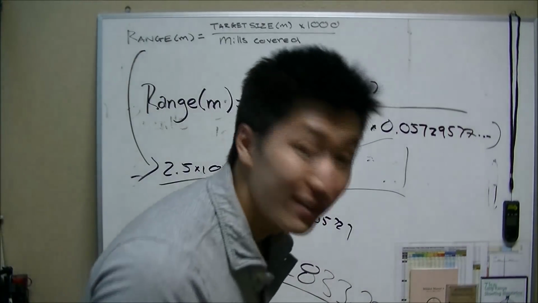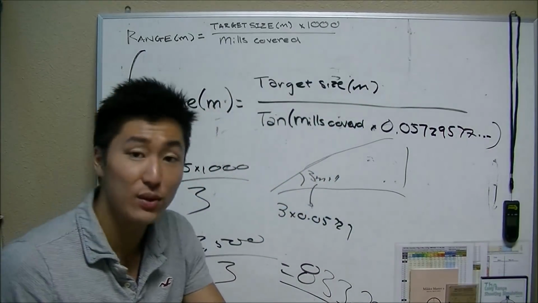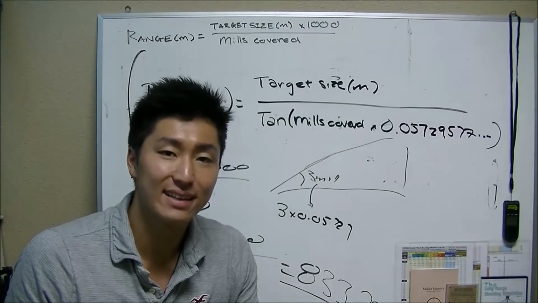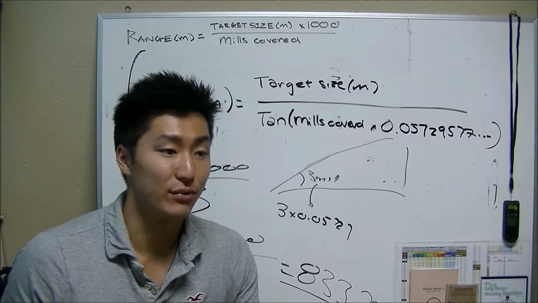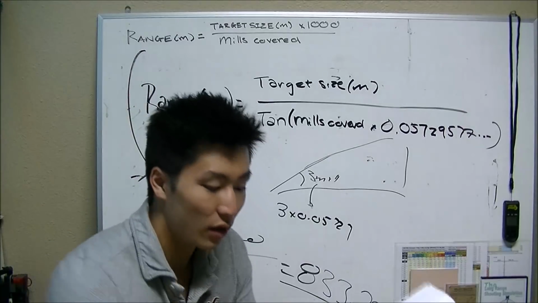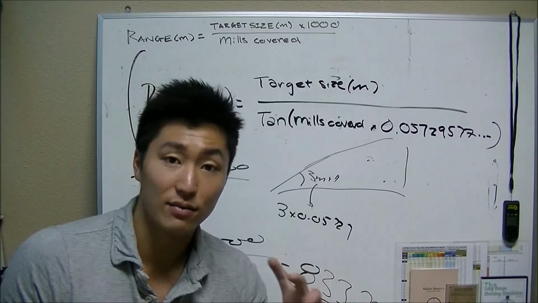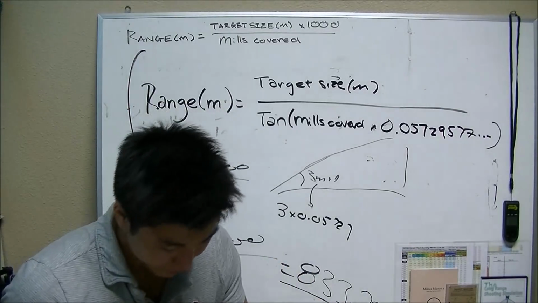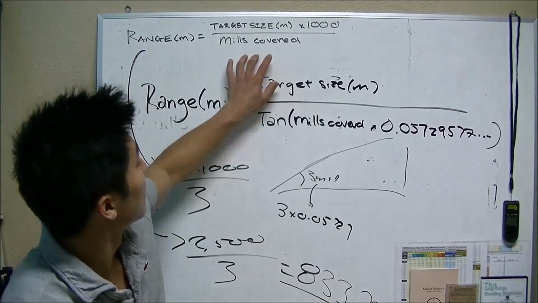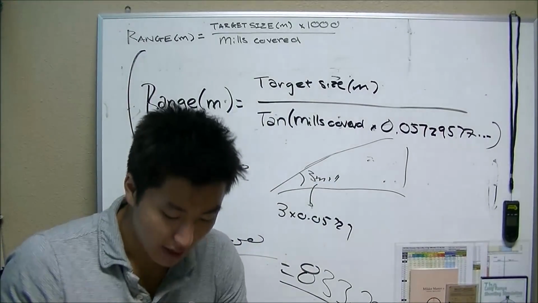Awesome. So now that we know that that works, I'm also going to give you just fun things to keep in mind if you really don't have anything like a scope, just a point of reference. Let's say you already know the height of a mountain or something, and you could use the same equations to find the range in meters.